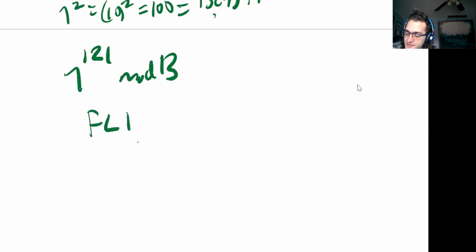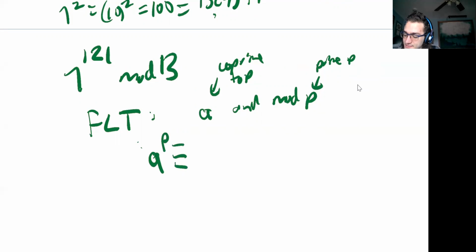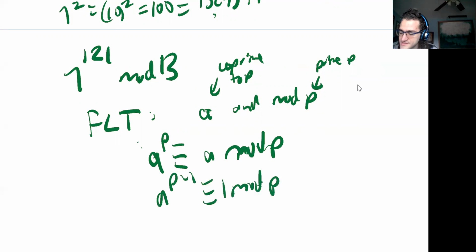So Fermat's little theorem tells us that if we have some A and we have prime P, with A co-prime to P, so A does not have to be prime itself, but it cannot be a multiple of P, then if I take A and raise this to the P, I will get A mod P, and if I take A to the P minus 1, that's equivalent to 1 mod P. And so here I have mod 13.